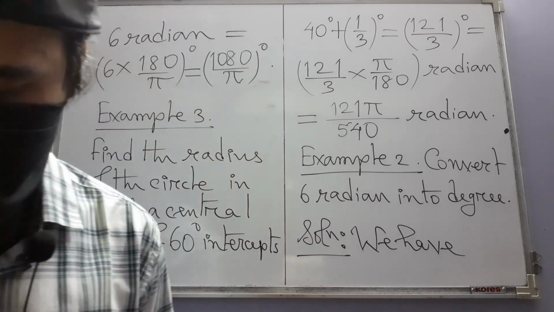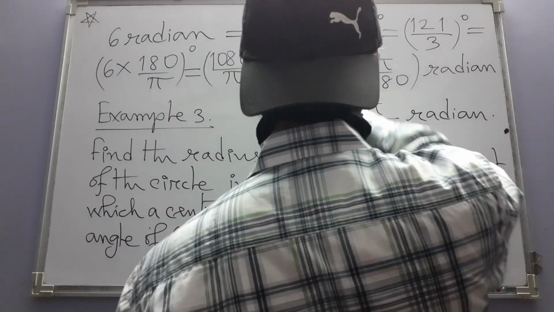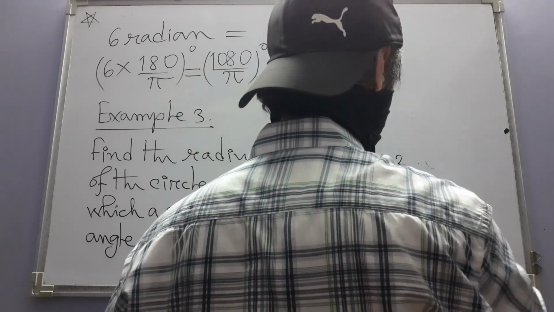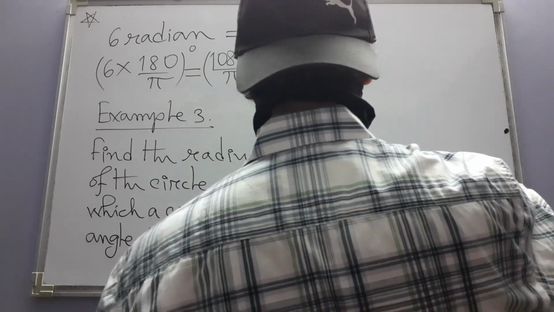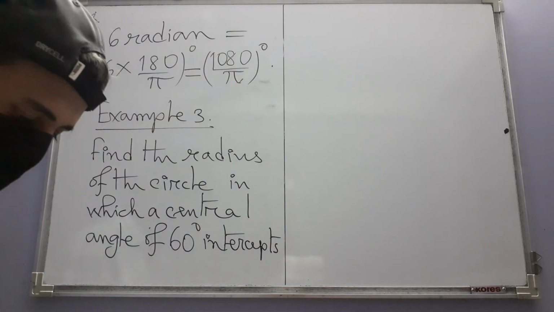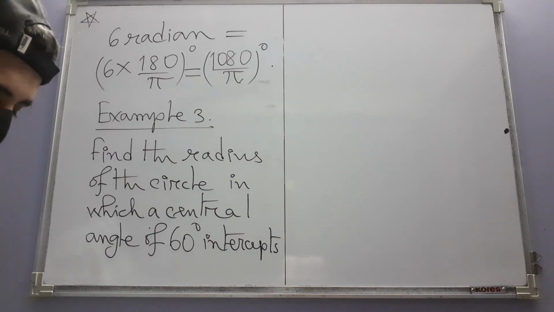The angle is going to intercept on the circle an arc of length 37.4 meter.